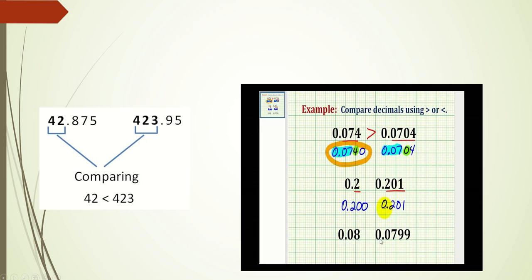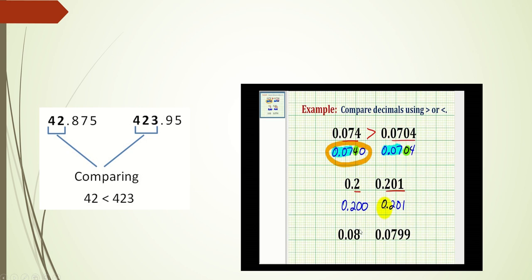Next is 0.08 and 0.0799. This example is for you. You have to check which number is bigger. Be careful. Before starting comparison, you have to make them like. Yes, you have to make like decimal, because on right hand side I have 4 decimal places.